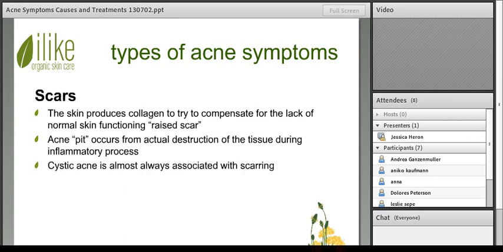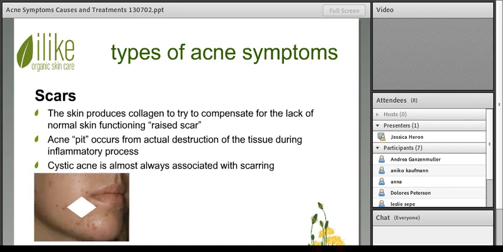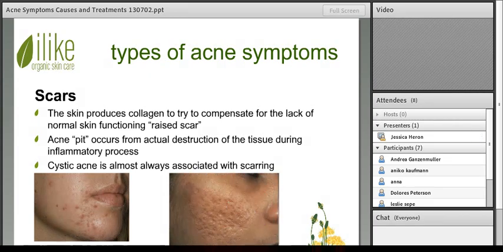Acne pit occurs from actual destruction of the tissue during the inflammatory process. Cystic acne is almost always associated with this type of scarring. And we'll see the different types of raised scarring, and also one which is more of a darkening or a pigmentation in the skin, and then the pit scarring, which can be much more deforming and much more permanent, and much more difficult to control as far as reducing the appearance of the pit scarring.